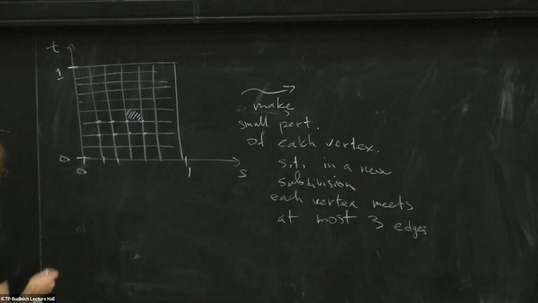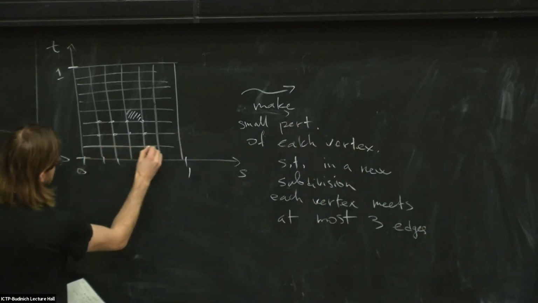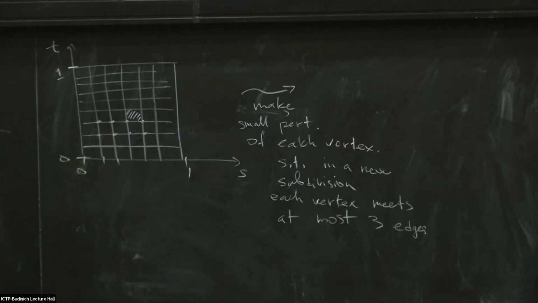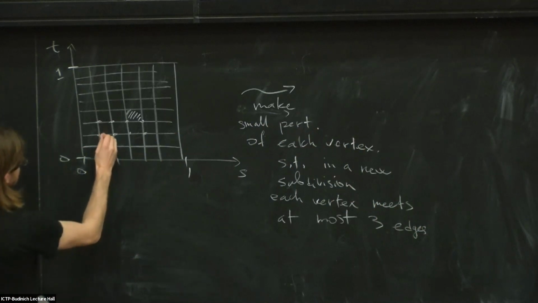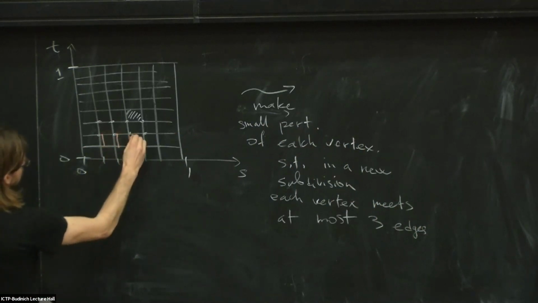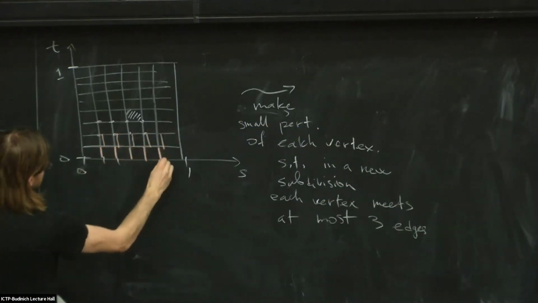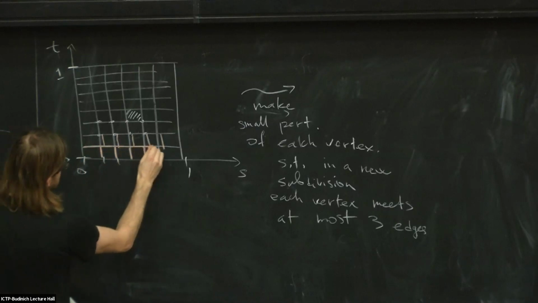We can do, for example, the following. We keep everything below this line, but then here you shift each edge by epsilon. You keep in the first row everything as it was.